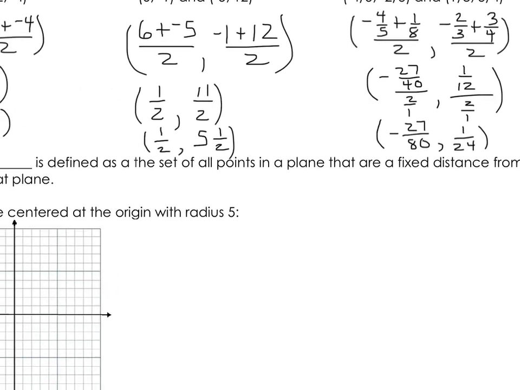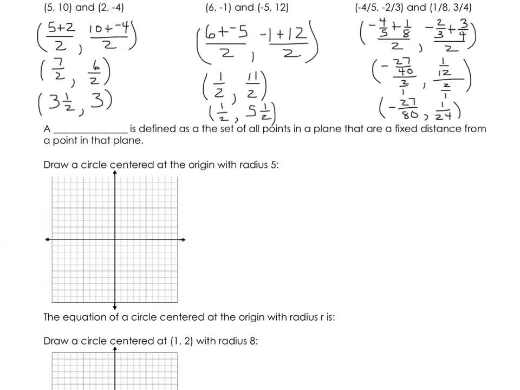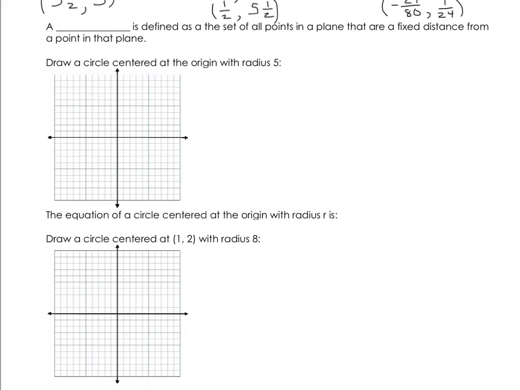So what is defined as the set of all points in a plane that are a fixed distance from a point in that plane? It's a circle. We want to draw a circle centered at the origin with a radius of 5.